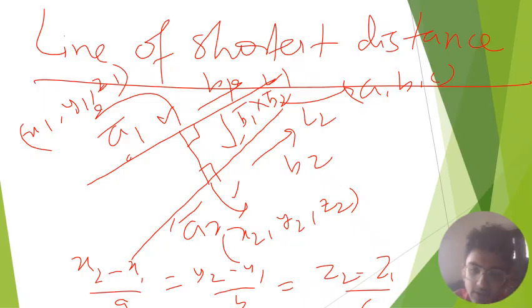Actually it will be in the form of lambda and mu, so then you will find lambda and mu using this particular equation. Once you get lambda and mu, you can write this particular coordinate and this particular coordinate. Then you take one coordinate and the parallel vector, that is b1 cross b2, its direction ratio, and you use both of them to write the vector or Cartesian equation as per the need of that particular line of shortest distance.